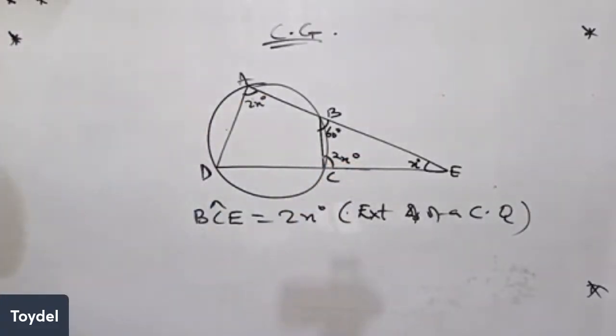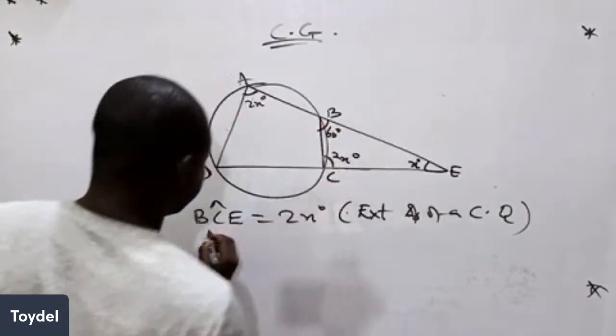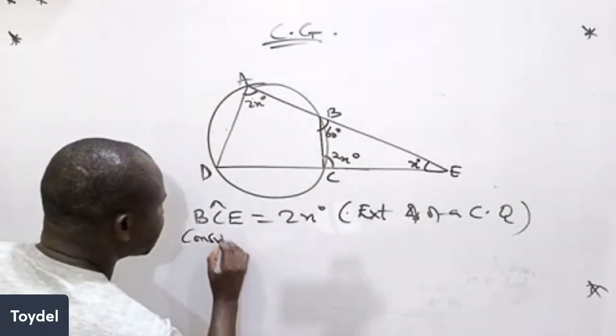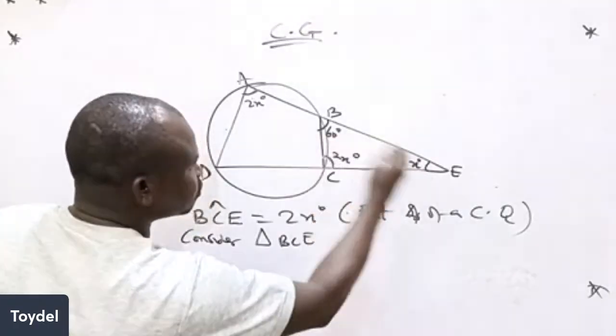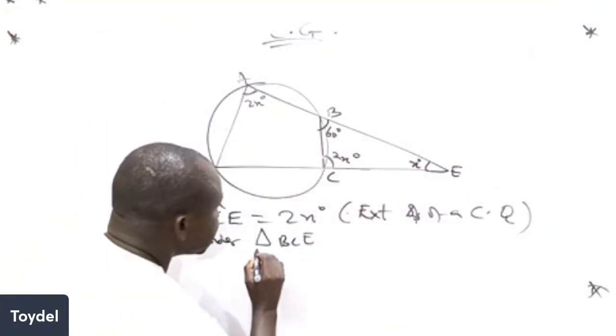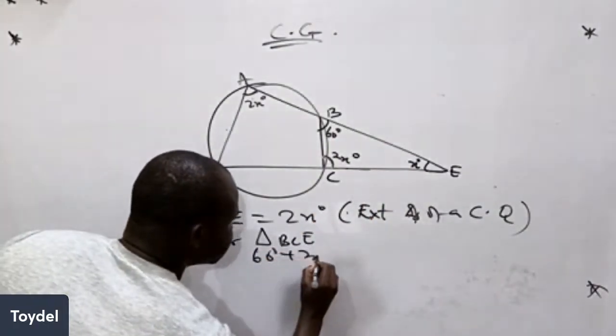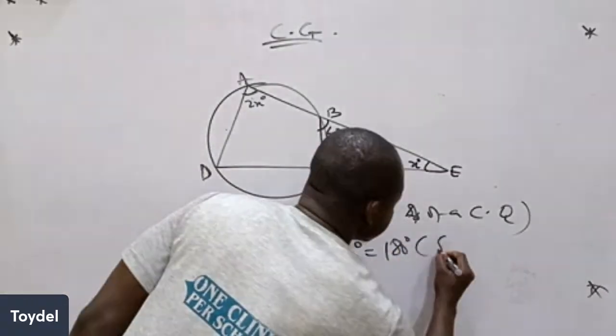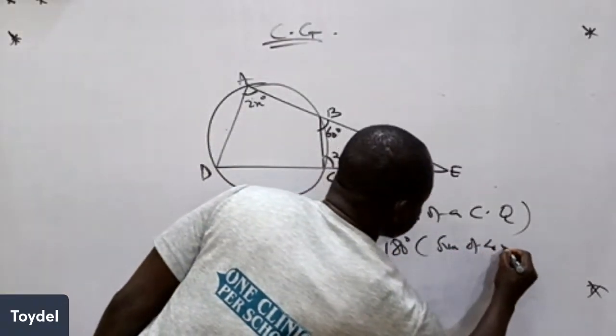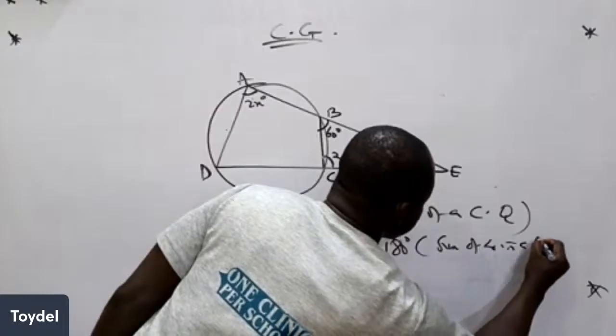Then if you consider triangle BCE, if I add all the angles together, I must get 180. I will have 60 degrees plus 2x degrees plus x degrees is equal to 180. That is the sum of angles in a triangle.